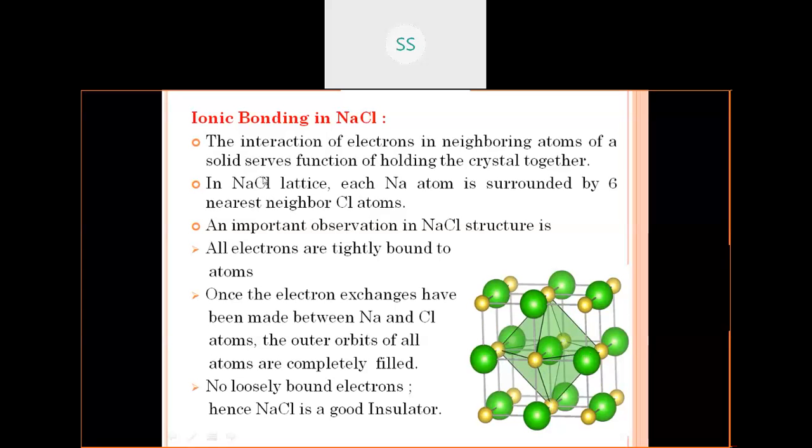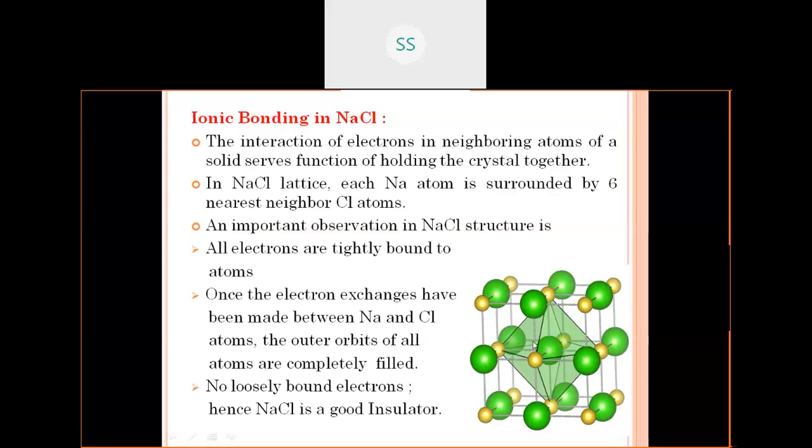Therefore, in this NaCl lattice, each Na atom is surrounded by six nearest neighboring chloride atoms. This is the structure.